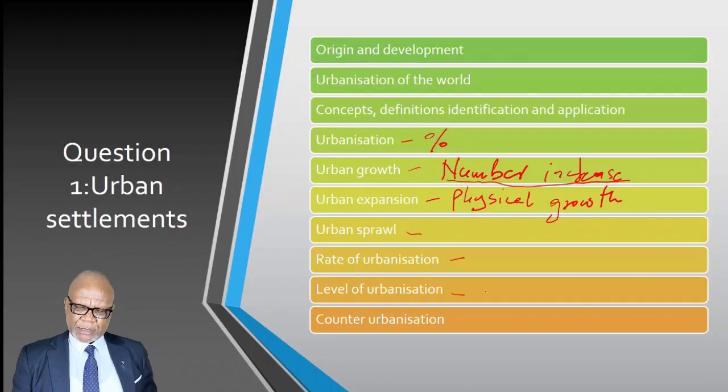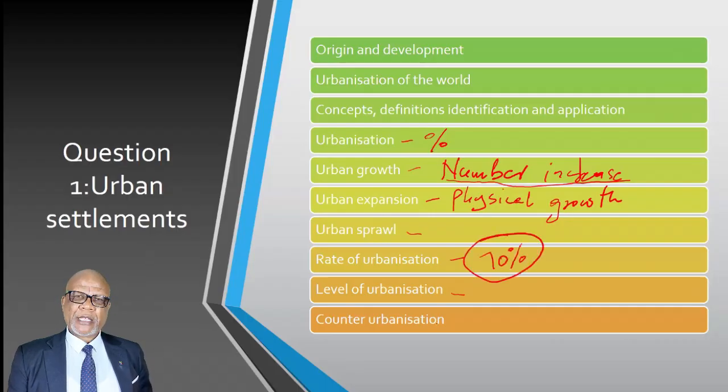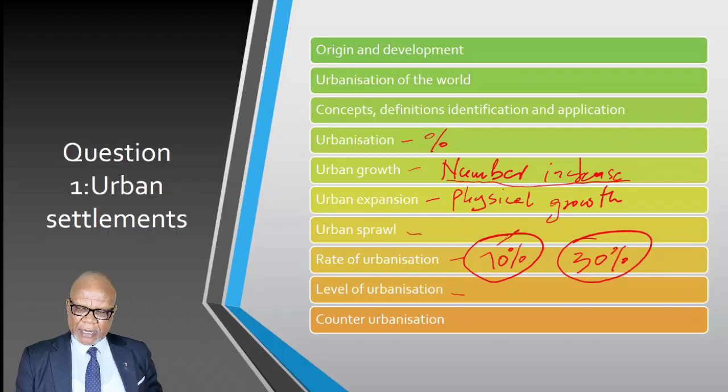If we have two countries, one country has 70% of the population living in urban areas, and another country has 30% of people living in urban areas. So we can say here the level of urbanization is high, and here the level of urbanization is low.